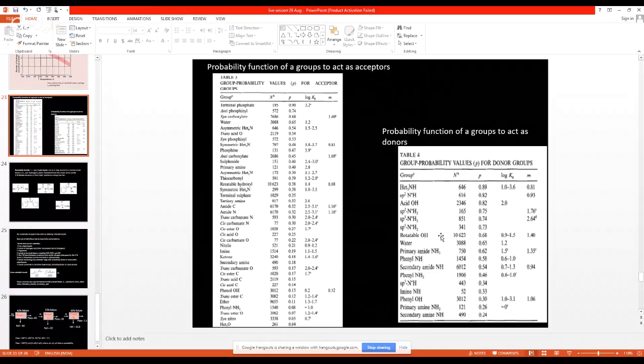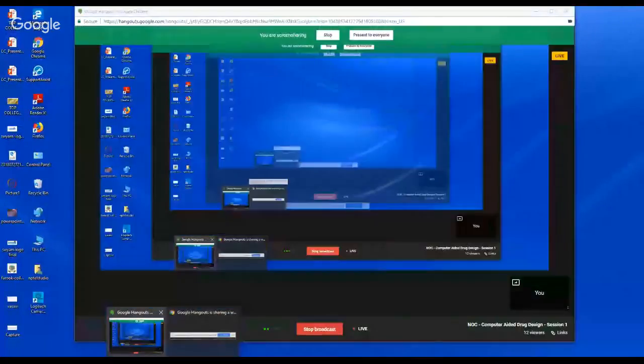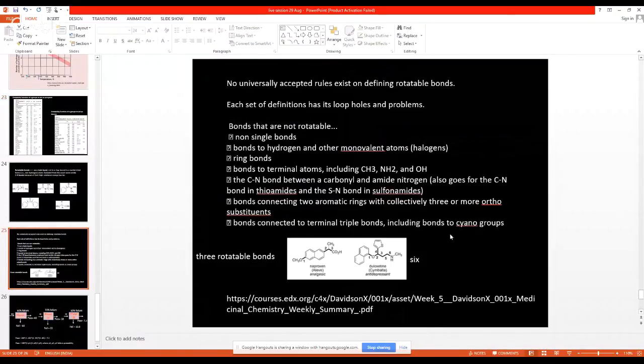That means it depends on how the orientation of various functional groups in one compound and another compound is found. So that problem is also not very straightforward. So two things: one related to rotatable bonds. There is no single rule which tells you if you do this, you can predict the rotatable bond, because there are so many exceptions found in rotatable bonds.